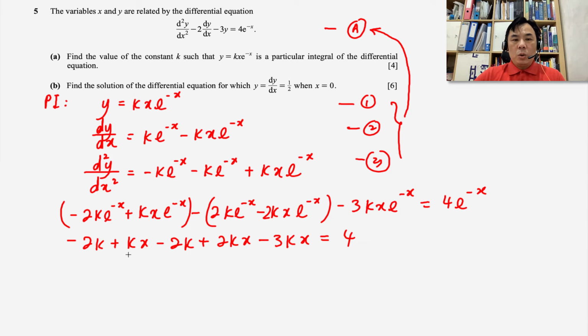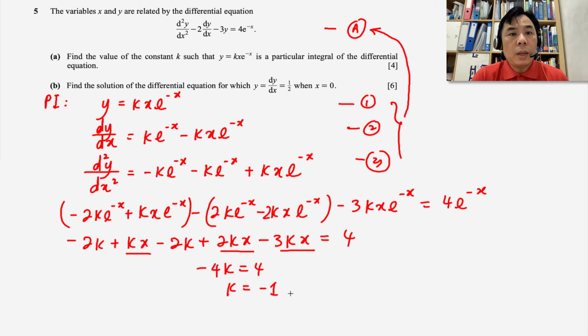And then next, all we need to do is collect all the like terms together. I noticed that these three terms, basically they cancel off each other. I end up with only these two, negative 4k is equal to 4. And then we can conclude that k is equal to negative 1. And then we have successfully answered question 5a.